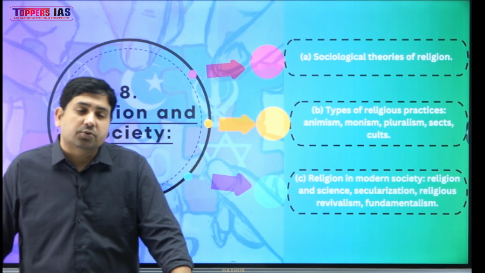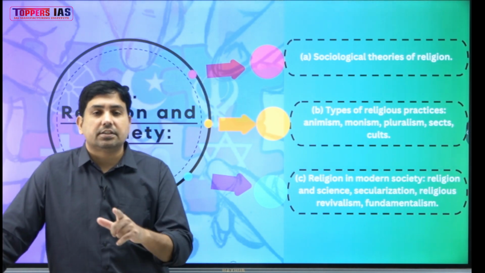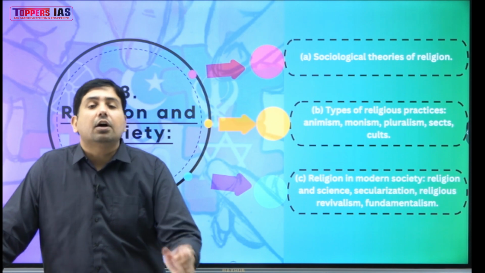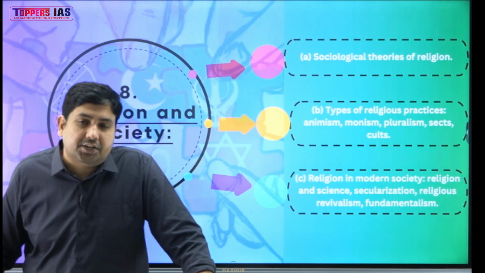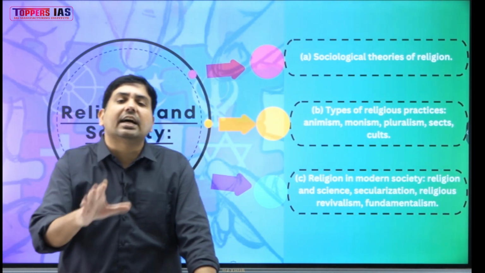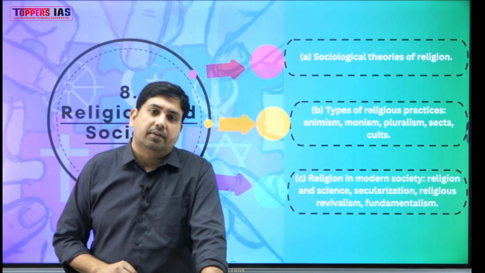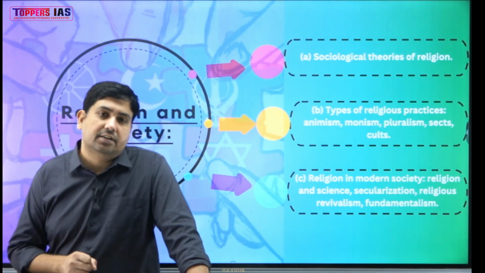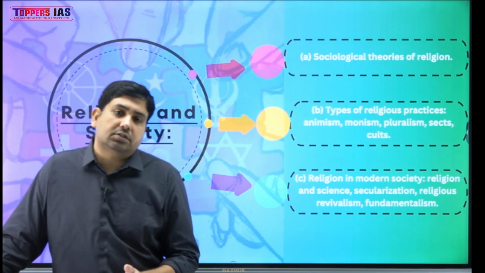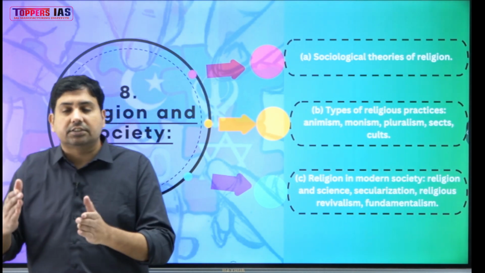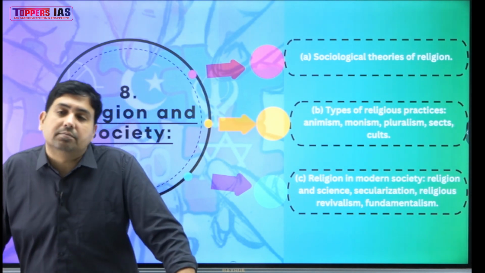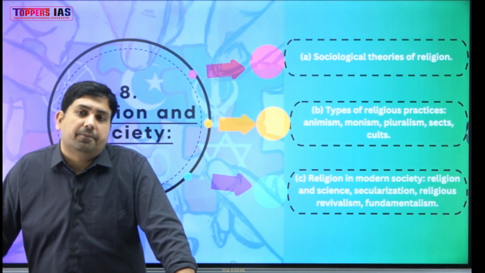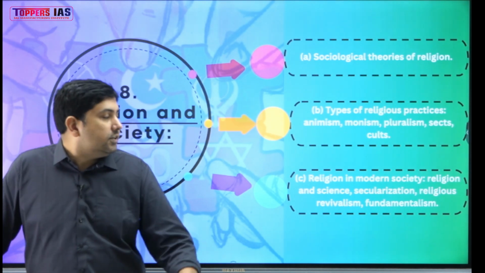This unit tries to explore the role of religion in society from a sociological perspective, looking at religion's functions, its forms, and the various changes religion has experienced in modern times.